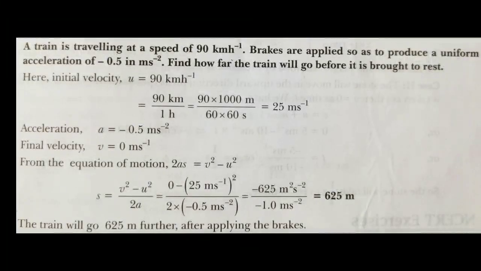Therefore s is equal to v square minus u square by 2a, and v square is 0, u square is 25 square, divided by 2 into 0.5 meter per second square. When we solve it, we will find it is 625 meter. So the train will go 625 meter further after applying the brakes.